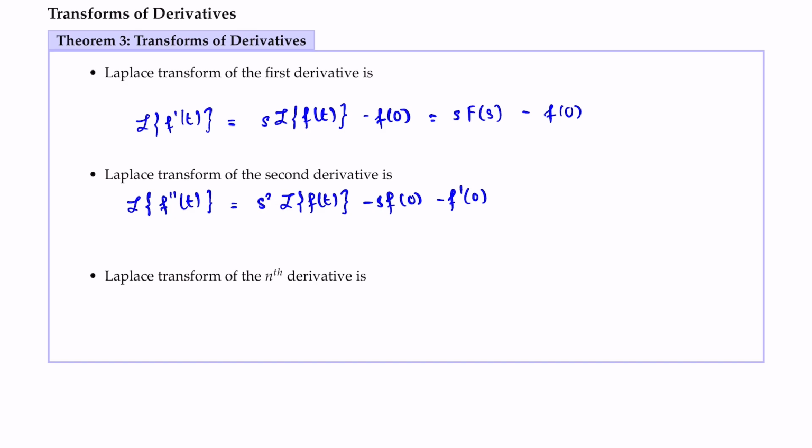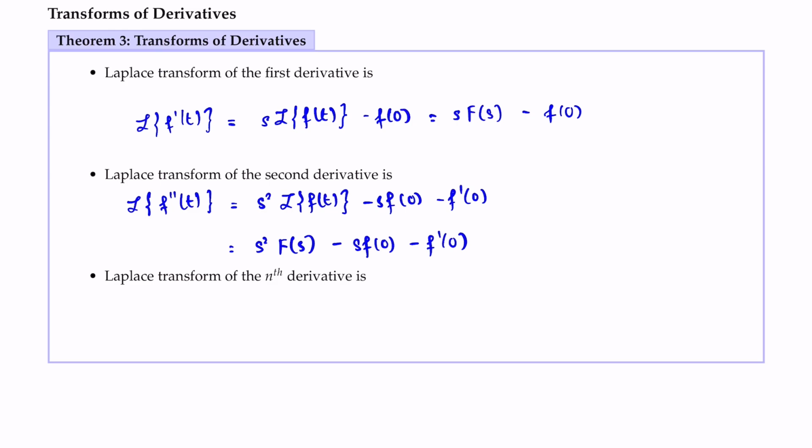For third order differential equations, you need three initial conditions, and so on. Similarly, this is s squared times capital F of s minus s times f of 0 minus f prime of 0. In an initial value problem, the one you're looking for is the value of capital F of s, the function in the frequency domain.